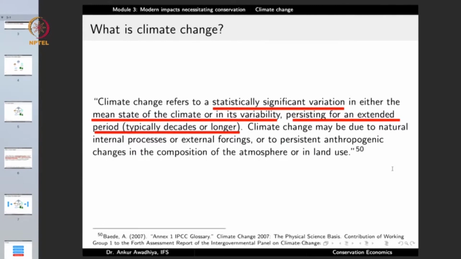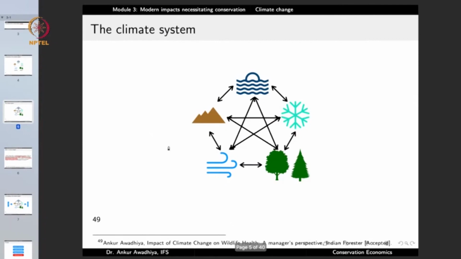Now, how can climate change? The climate change may be due to natural internal processes or because of external forcings. Now, what does that mean? Remember that when we were talking about climate, there are these five different components of climate, and there are some natural processes that are changing each and every one of these components.